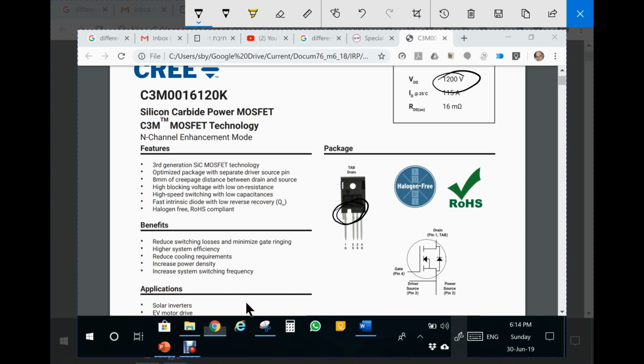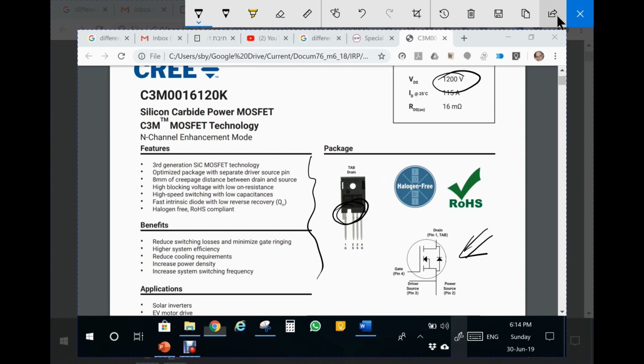So this is the very first part here, showing the device itself, and then there is some general description that the vendor is giving us as to why you think that this is a very good device. It is not important for our discussion here.